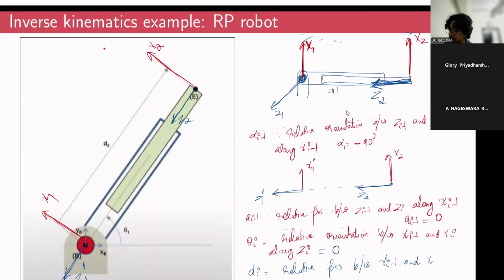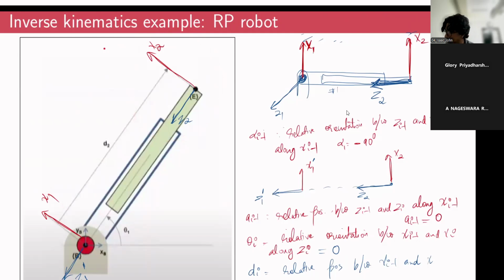We are only considering the DH parameters for joint 2, just for joint 2. If you're trying to relate the zeroth frame to the first frame, then theta 1 will come. But in this case, we are only trying to find the DH parameters for frame 2, between 1 and 2.